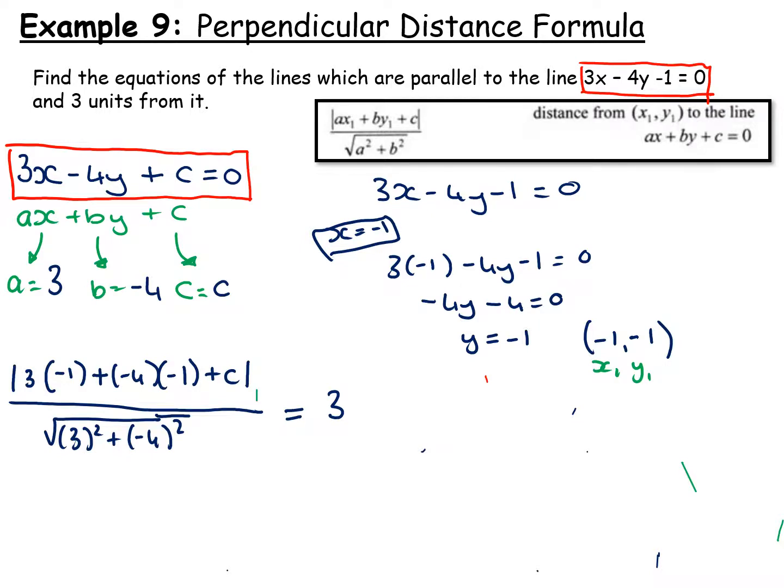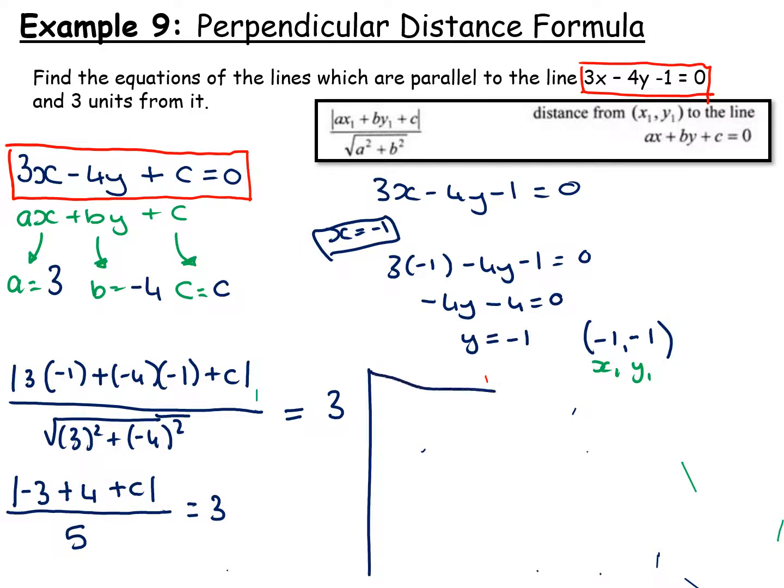My denominator gives me 5, so I'm going to clean up what I can. So I get minus 3 plus 4 plus c all over 5, and that should give me 3. Tidying it up again, we get 1 plus c equals 15.